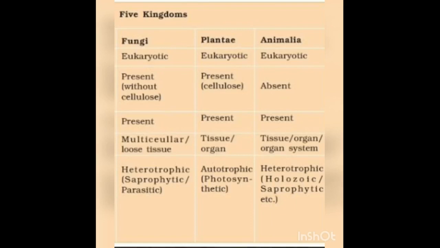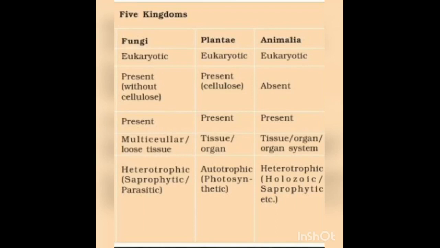The cell type of fungi, plants, and animals are all eukaryotic. The cell wall is present in fungi and plants, whereas in animals it is absent. In lower classes you studied about that. And body organization: fungi have a multicellular tissue type. The group of cells is called tissues.